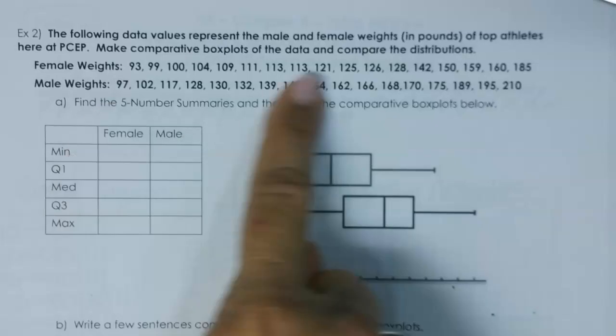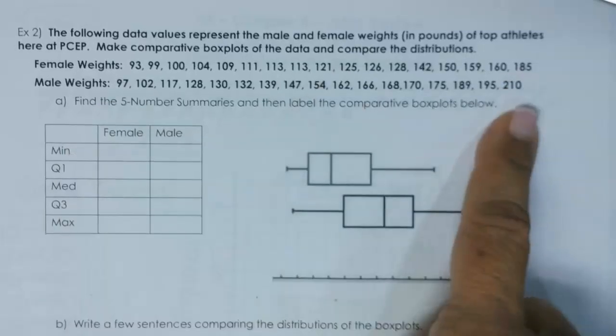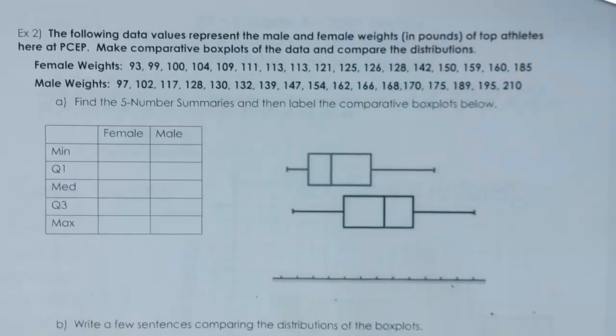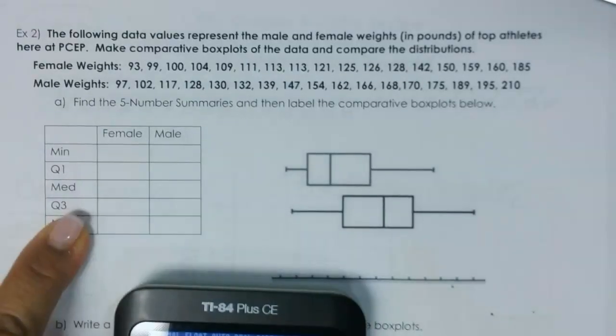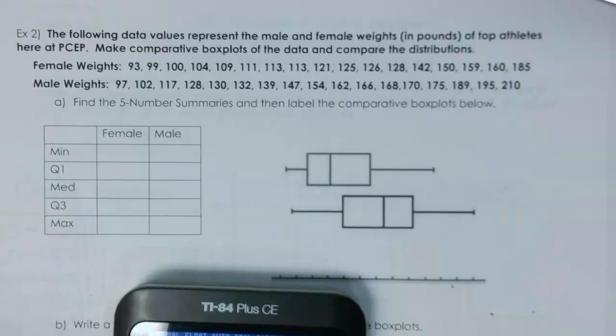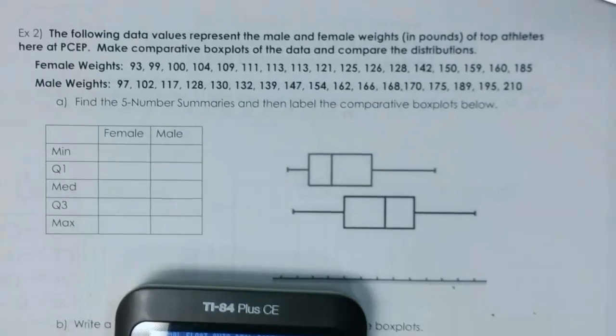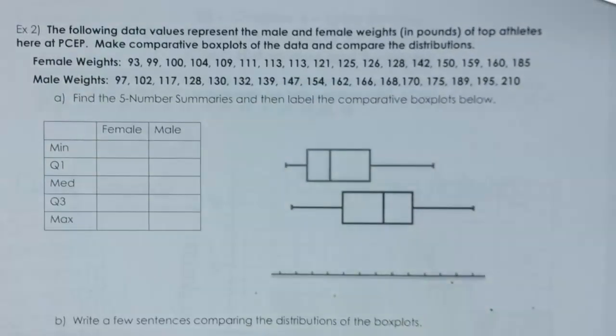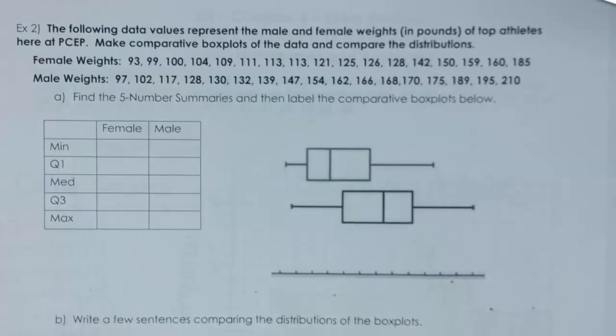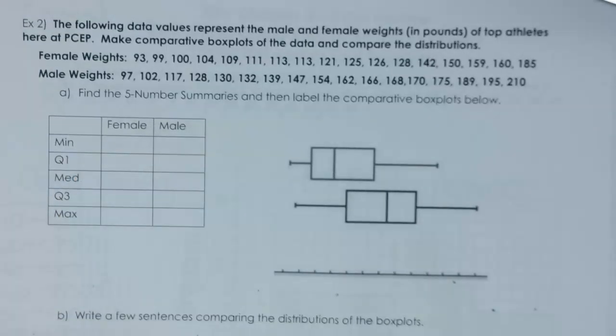If we were in class, I'd have the females find the 5-number summary for the female weights, and the males find the 5-number summary for the male weights, and then we would put them in here and label appropriately. So take a minute, pause the video, find your 5-number summary, and then we'll share.